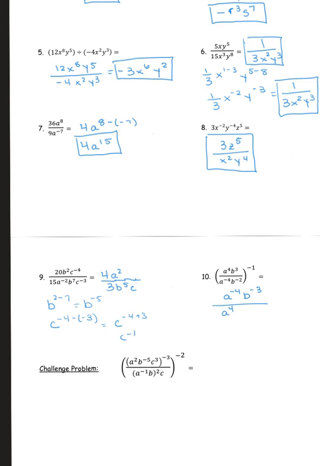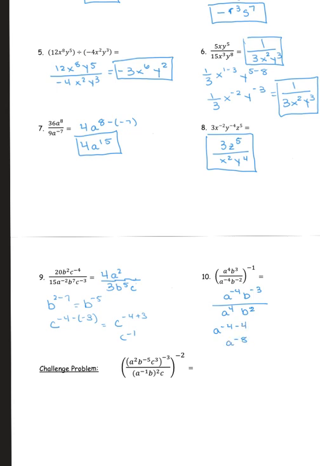And then for b, I have negative 2 raised to the power of negative 1. So I have b to the positive 2, not negative, positive 2. All right, now I can use my quotient rule. So I know that if I have a quotient, I'm going to subtract my exponents. So I have a to the negative 4 minus a negative 4, which gives me a to the negative 8.